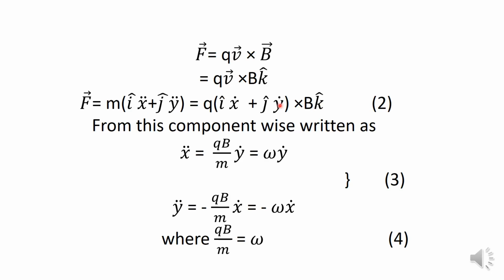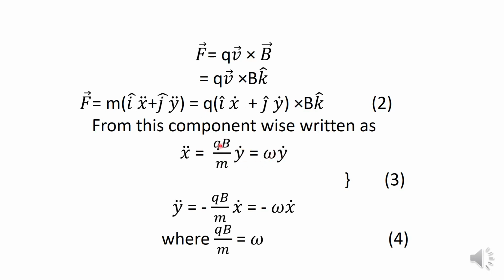From this equation, component-wise, we equate the coefficient of i hat, and obviously we see that j cross k hat is equal to i hat. Therefore x double dot is equal to qB by m into y dot, which is equal to omega into y dot.